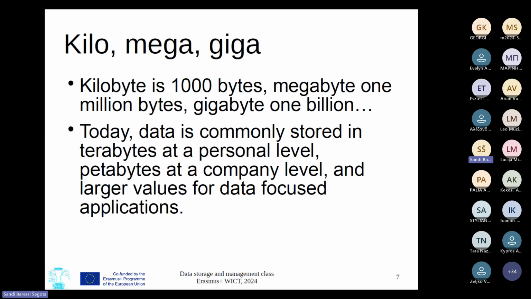Because bytes are in today's world a very small amount of data, we use larger representations that use SI system multipliers. So a kilobyte is 1000 bytes, a megabyte is 1 million bytes, a gigabyte 1 billion bytes, etc.